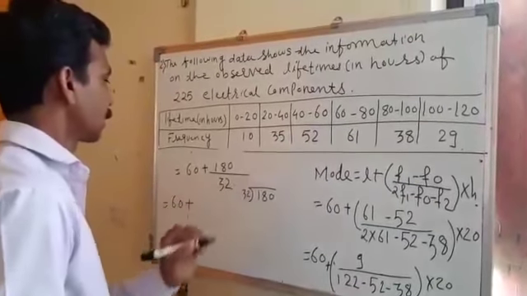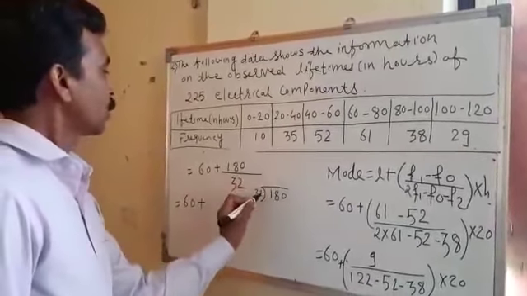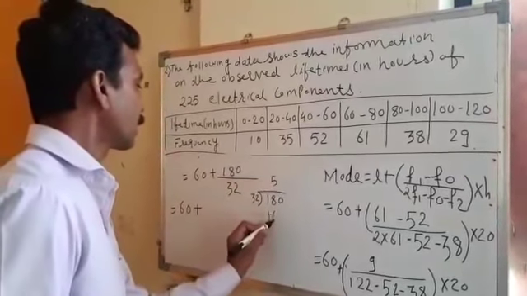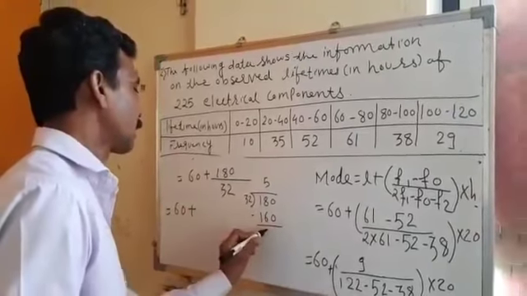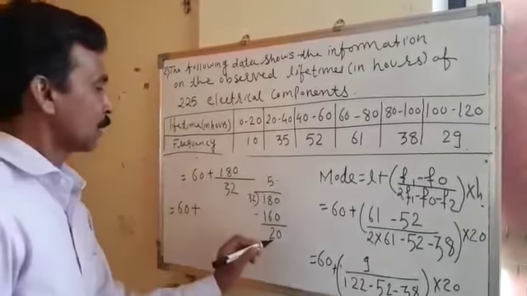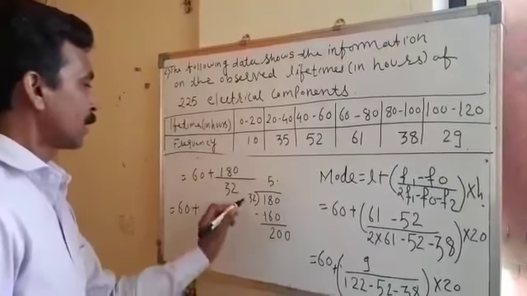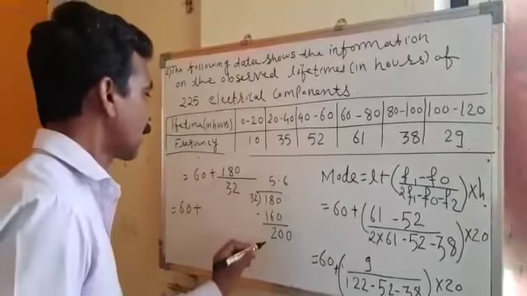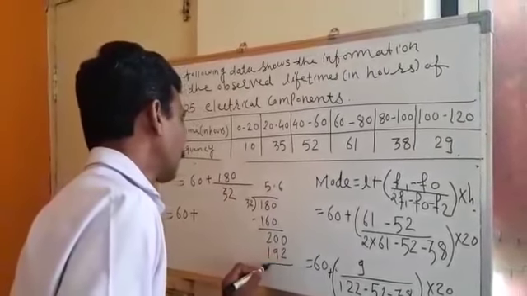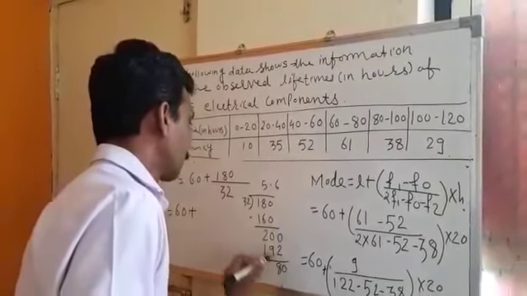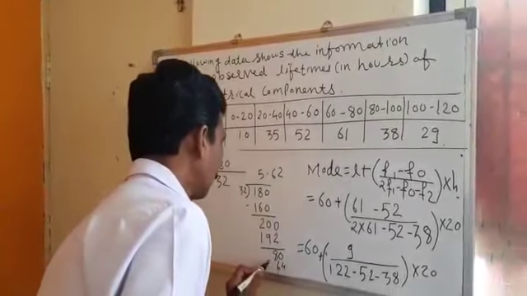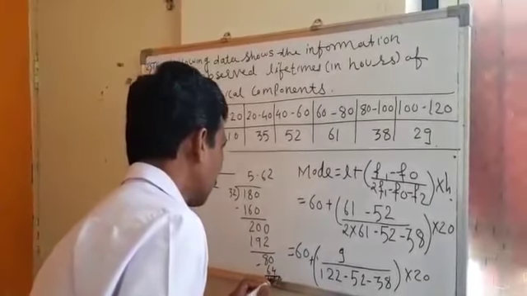This is 32. 32 into 5 is 160, minus, 20 is left. But 20 is less than 32, then I will give a point here. Then 32 6 is 192. 8 is left. 32 2 is 64. 16 is left.